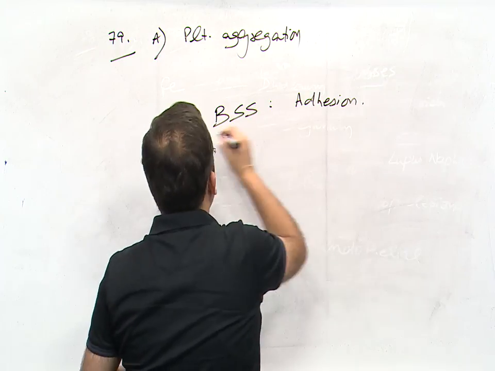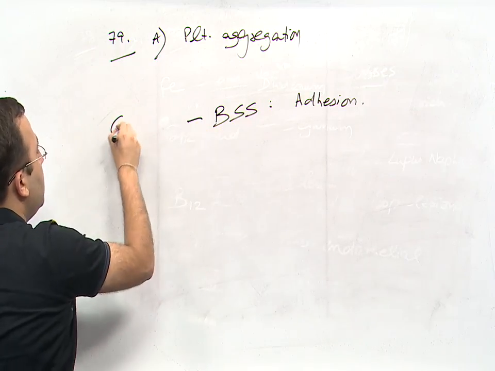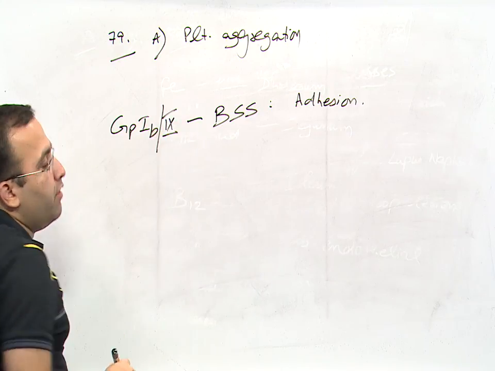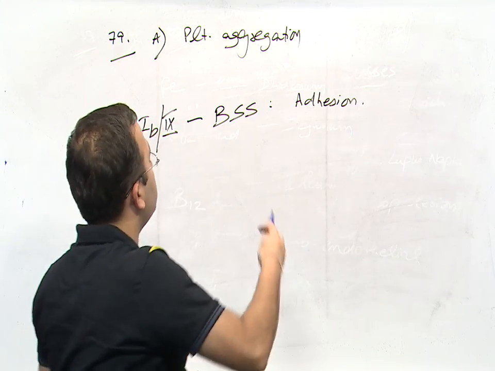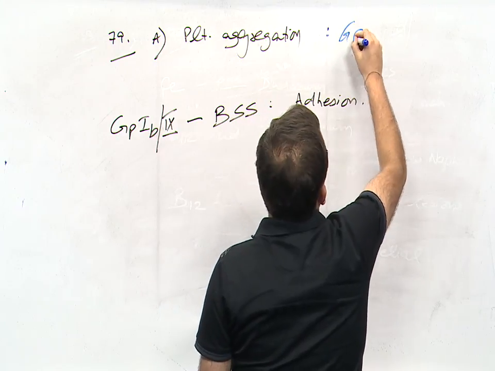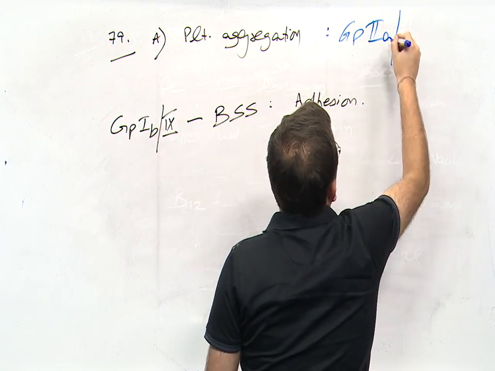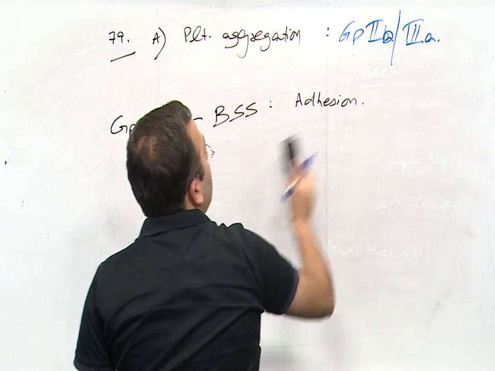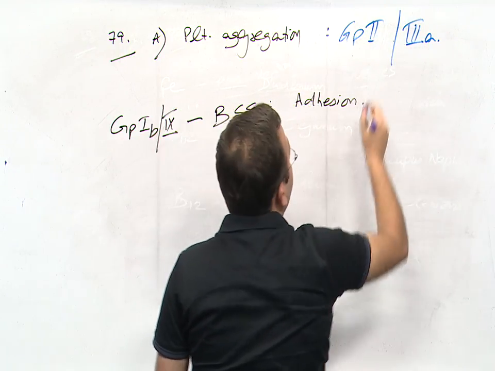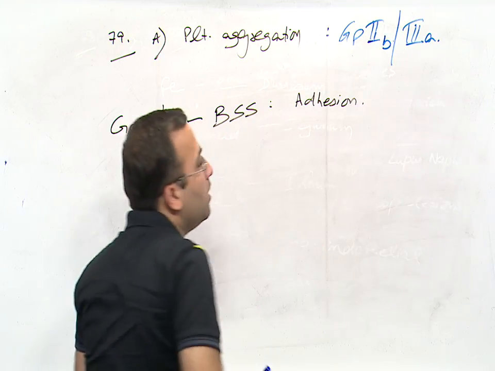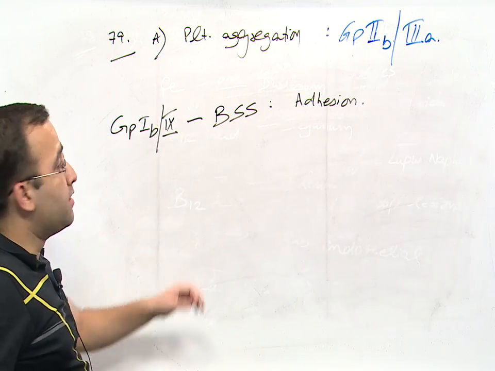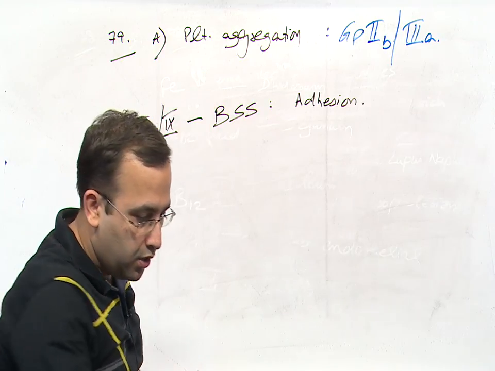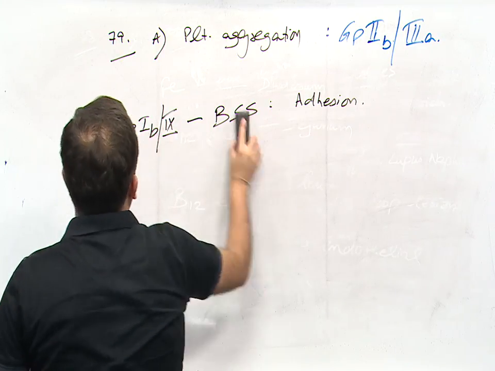Next point, Bernard-Soulier syndrome has a defect in GP1B-9, whereas Glanzmann's thrombasthenia has a defect in the GP2B3A complex. We have just seen this in the previous question. Next point, question 80.